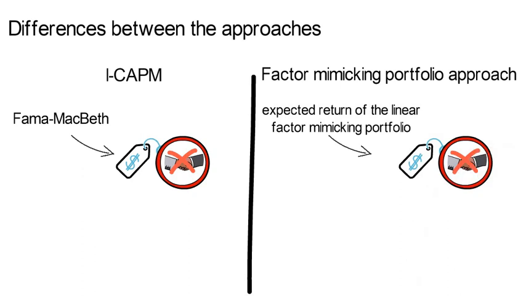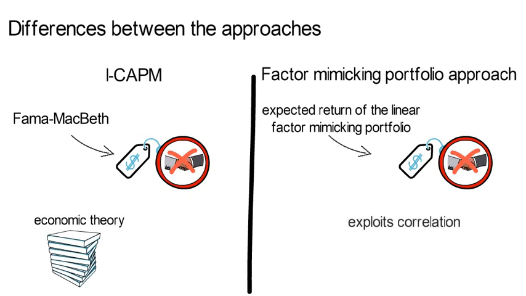Another noteworthy difference is that the I-CAPM approach is grounded in economic theory. In contrast, the portfolio mimicking approach exploits correlations.